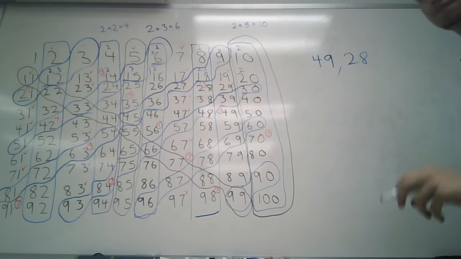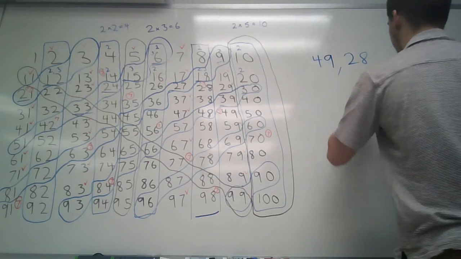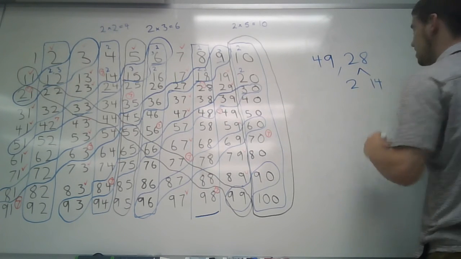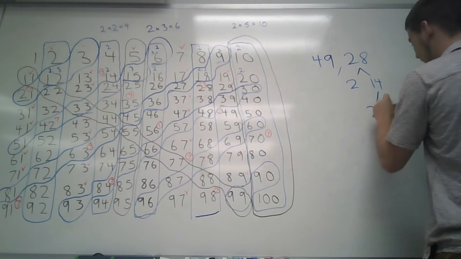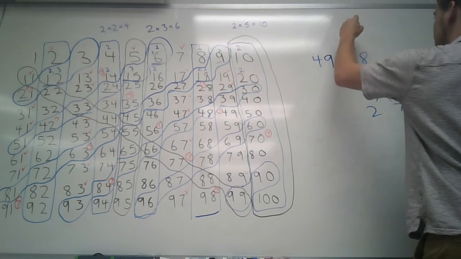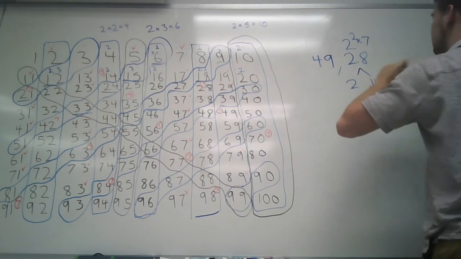So right away we can see this 28 breaks into 2 and something. That something is 14. That breaks into 2 and 7. These are all primes, so we have 28 is equal to 2 squared times 7.